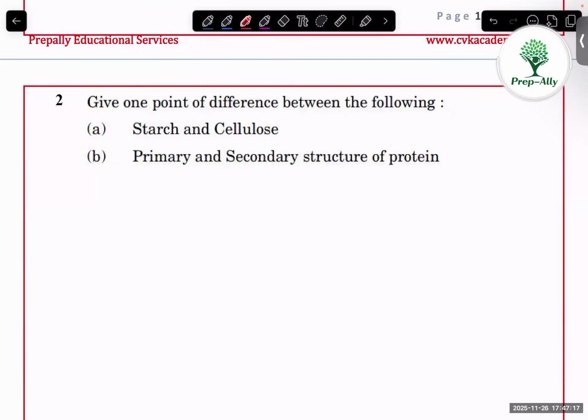First of all, we can say what you need to write here. I'm only giving the explanation. As per the official answer key, you need to write just one point. I mean, what is the differentiating key point here? So we can write a single thing here.